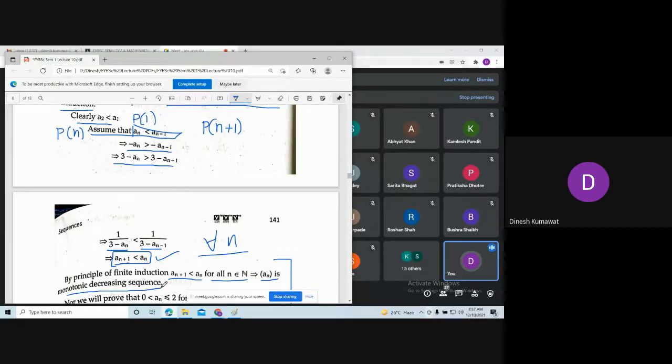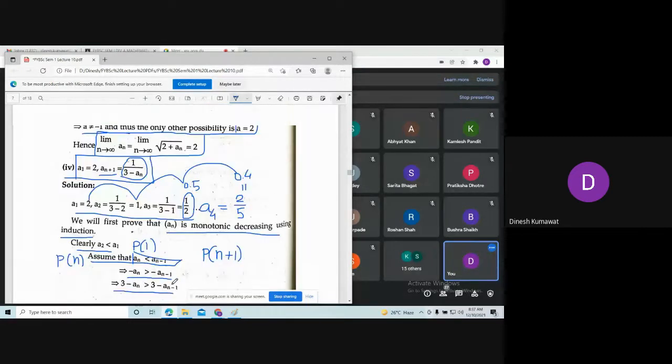Is that clear? Yes, sir. Now we are going to check the boundedness for an. Now guess what is the bound for this sequence an? Or first of all, guess what is the bound for an plus 1?